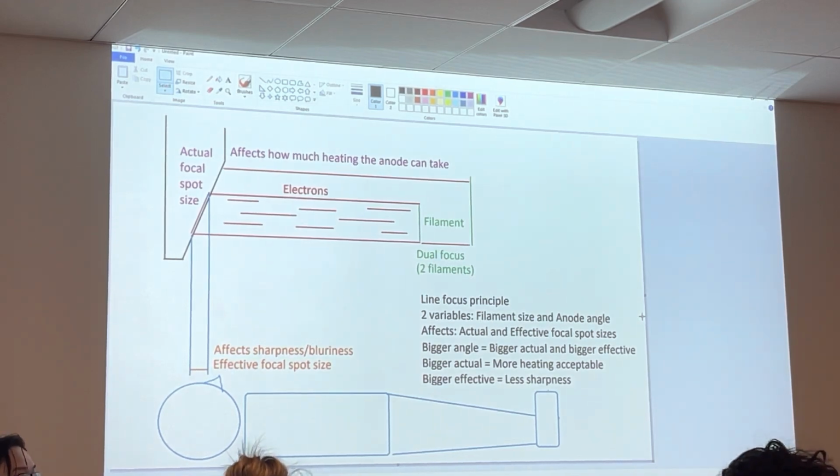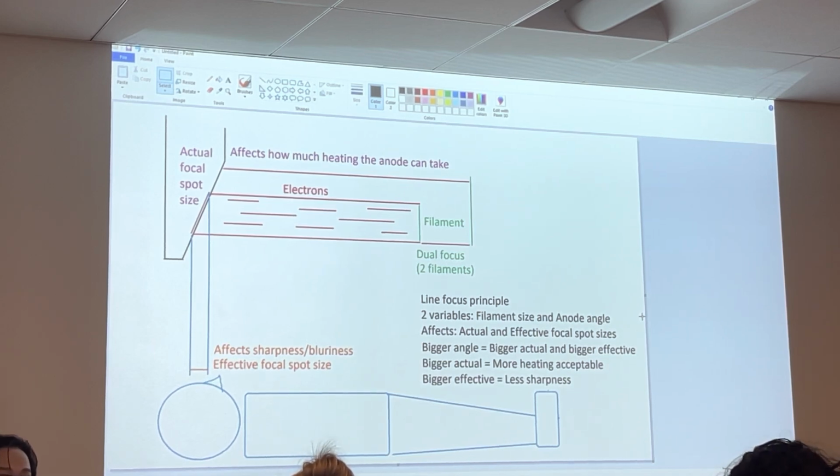Yes, Cody. What determines why they choose a certain angle when they're constructing it? So, for example, it may be that the machine is meant for a specific application.